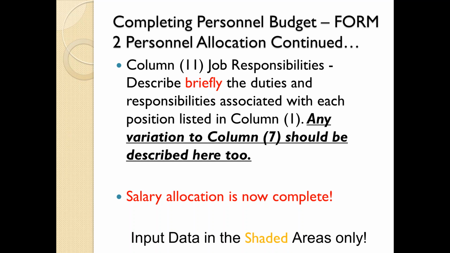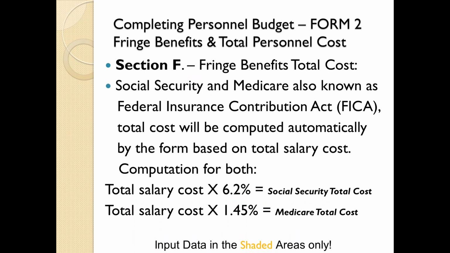We just make sure that we're inputting data and we're not leaving any sections that are shaded blank. All right. And then we come down to our fringe benefits section. For our fringe benefits section, you want to let the form do the cost for FICA, and then you'll apply the rule for your share of that FICA cost.